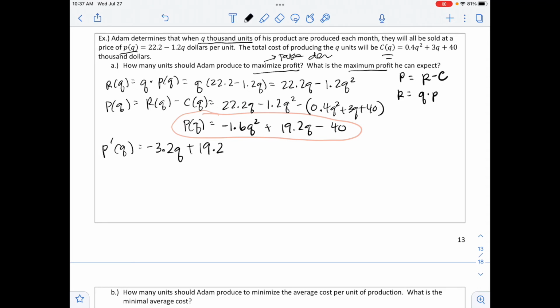And to figure out where this is maximized, we're going to set this equal to 0. And then solving this, we get 3.2Q equals 19.2. And dividing, we get Q is equal to 6. And remember that Q is in thousands of units, so we'll put 6,000 units.